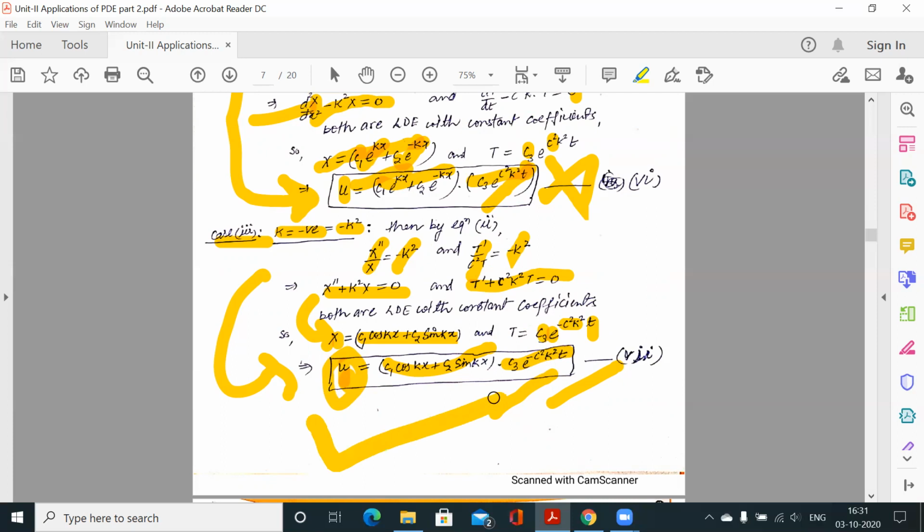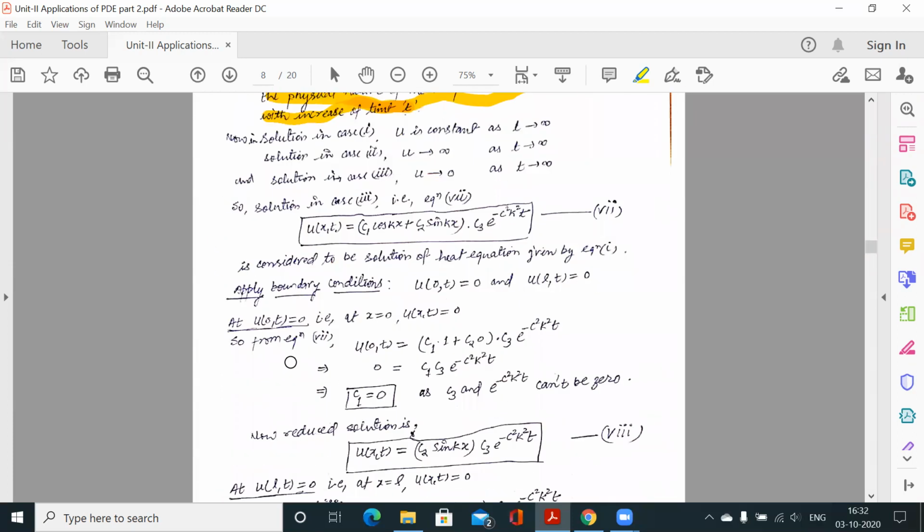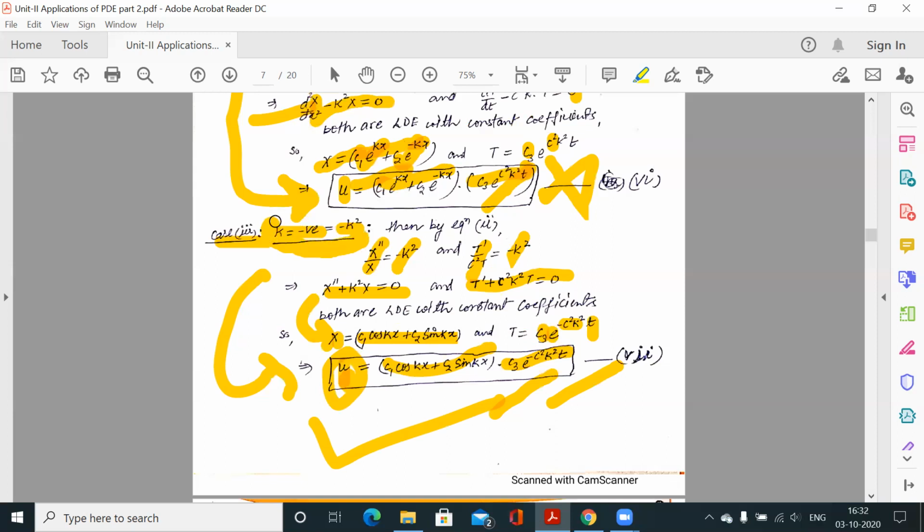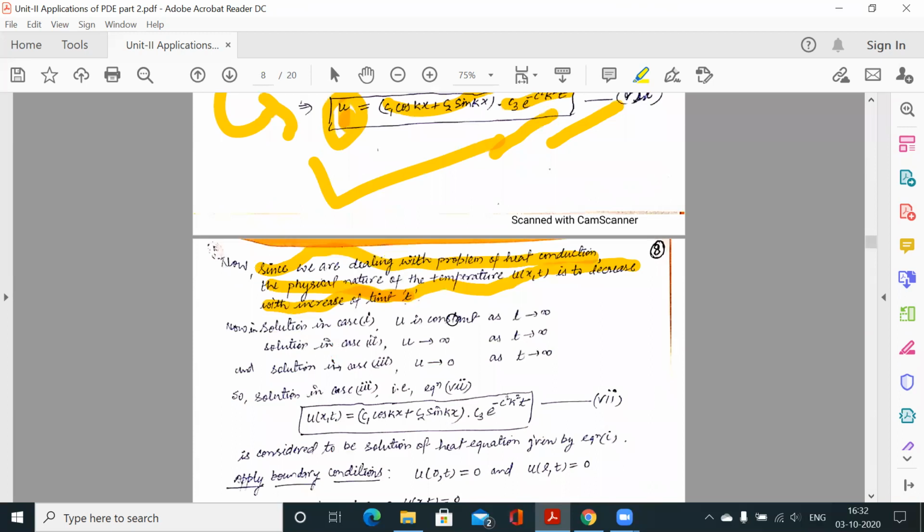So this is our solution. So the third case, when the constant is minus k square, suits the physical nature of the problem in heat conduction flow, that is, in the one-dimensional heat equation.